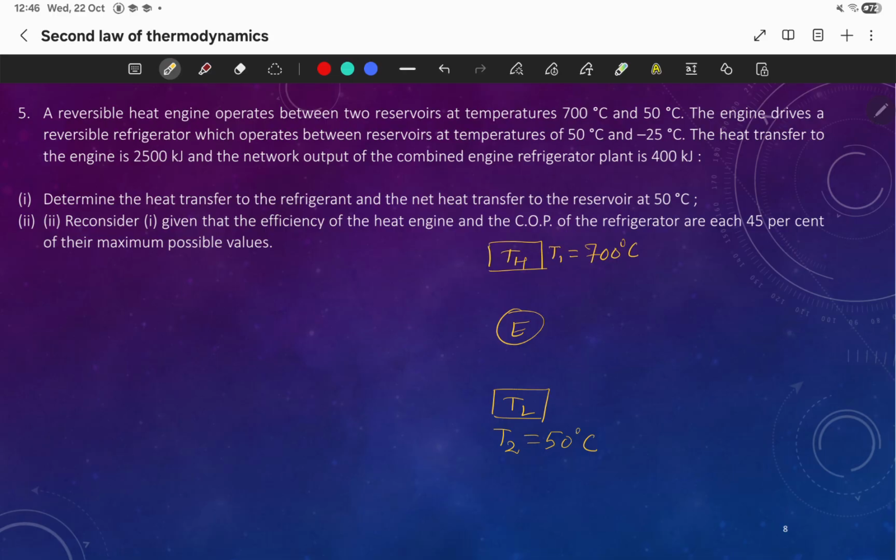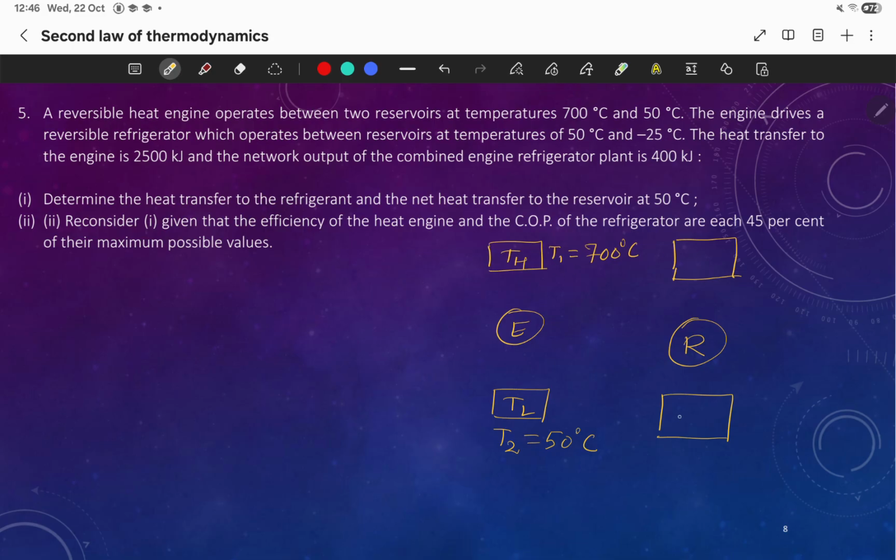Okay, the engine drives a reversible refrigerator, so here this is the refrigerator cycle, which operates between reservoirs at temperatures T3 and T4.